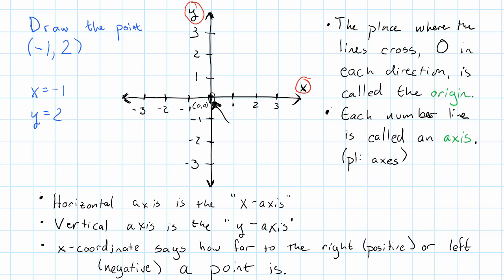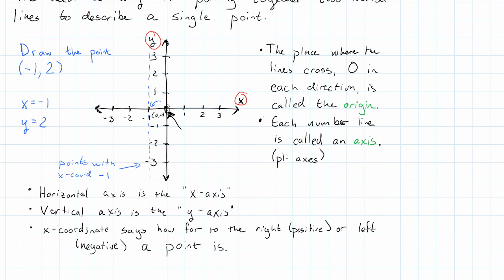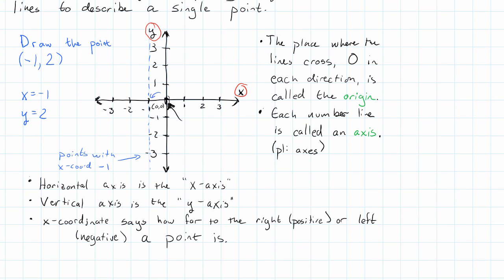So, if we want our x to be -1, here is -1 to the left of the origin. All of the points this far to the left of the origin have x-coordinate -1. The x-coordinate tells us how far to the right or left we are.